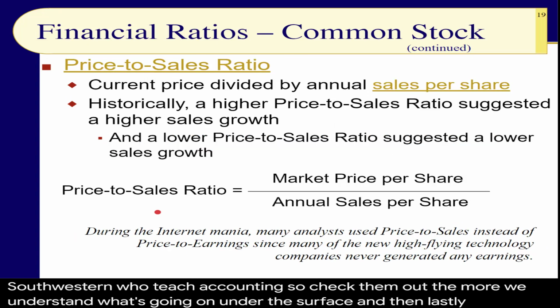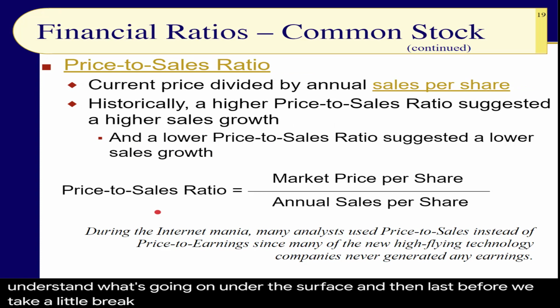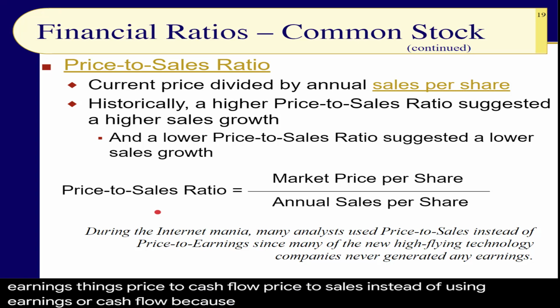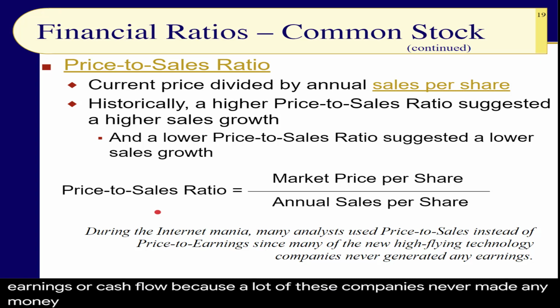And then last, before we take a little break, is the price to sales ratio. Same idea: price to earnings, price to cash flow, price to sales. Instead of using earnings or cash flow, because a lot of these companies never made any money, we'll use the sales. We'll take the price to sales.